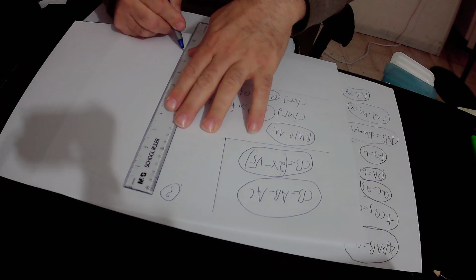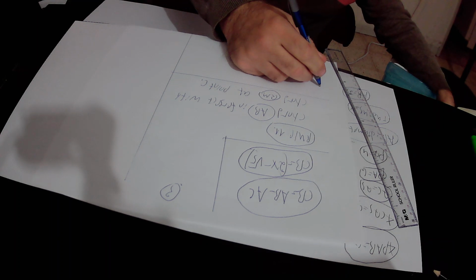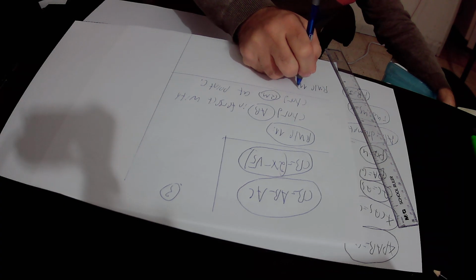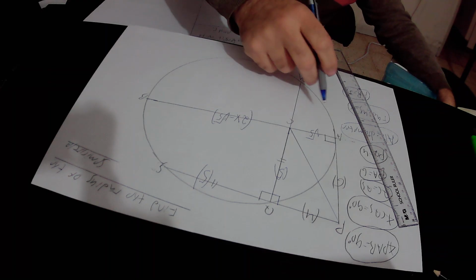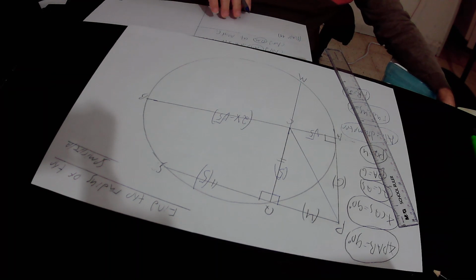For that reason, we can apply rule number 11. So according to rule number 11, the following equation is true: AC times CB equals QC times CM.